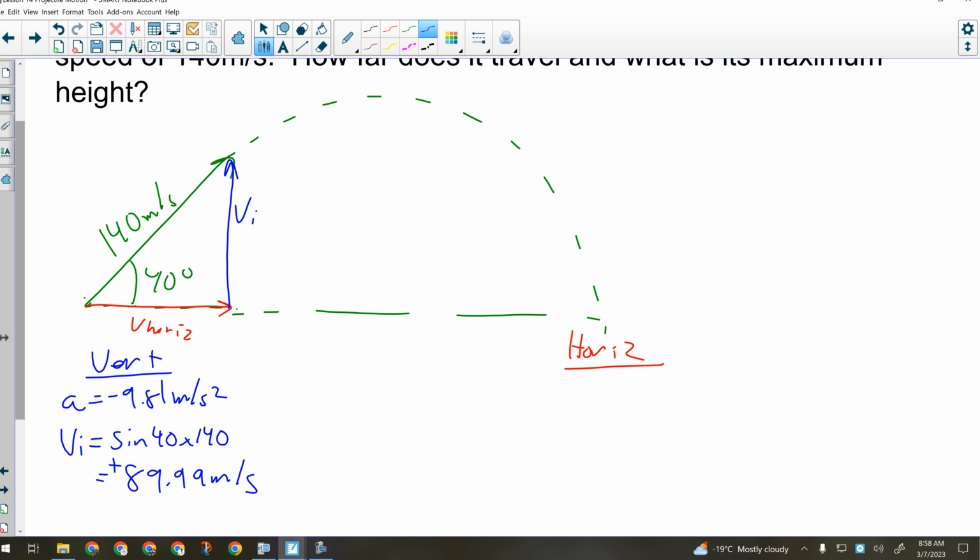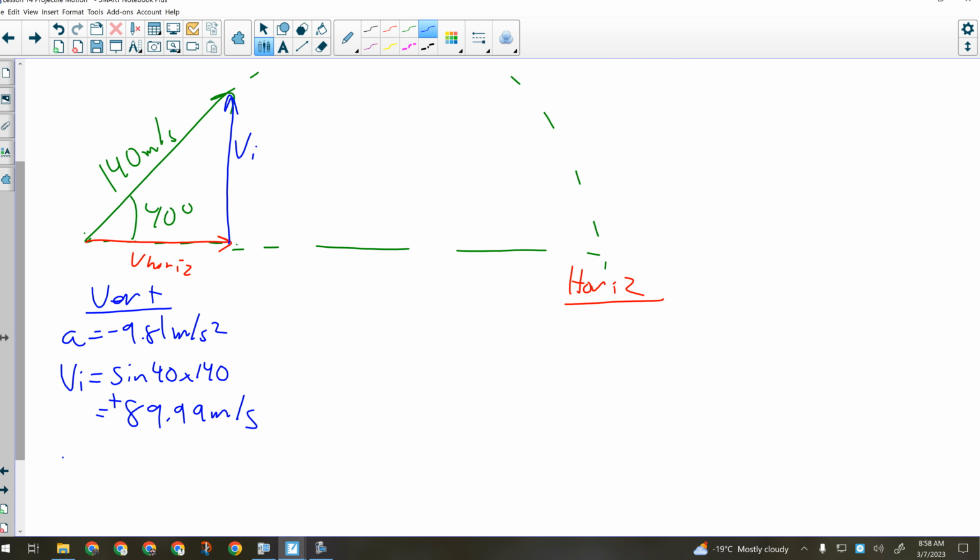Now, since it's launched and lands at the same height, what's VF? The same but opposite. So VF will be negative 89.99 meters per second. All right, everybody with me so far?